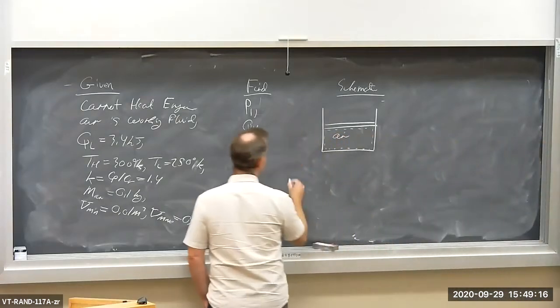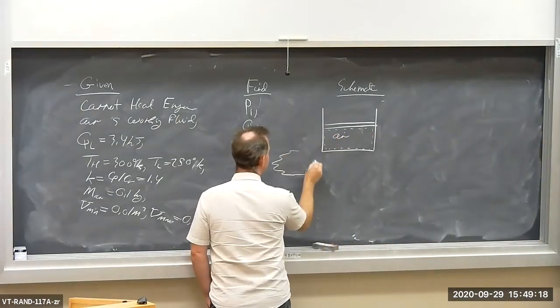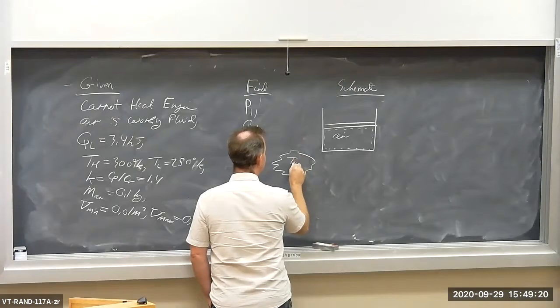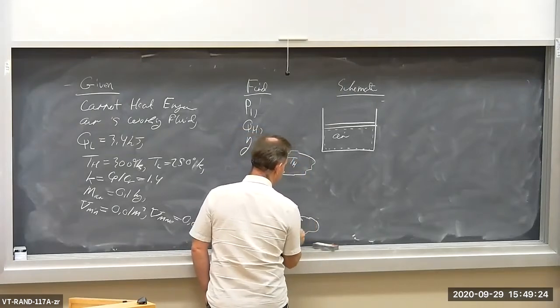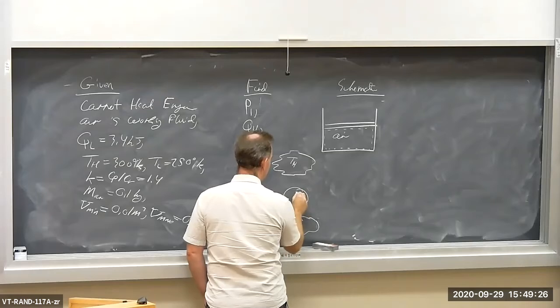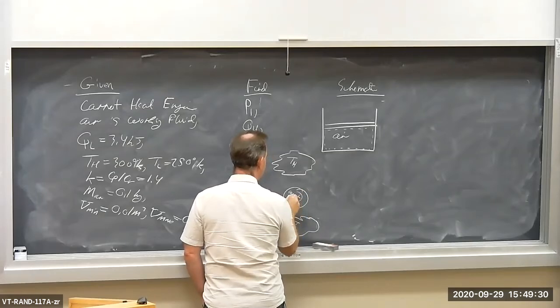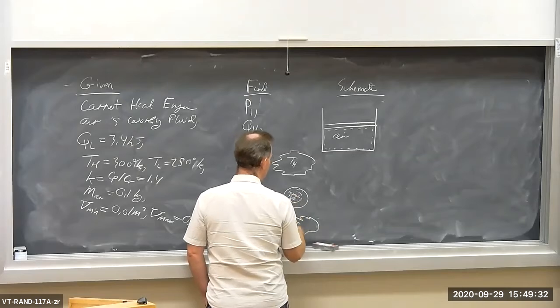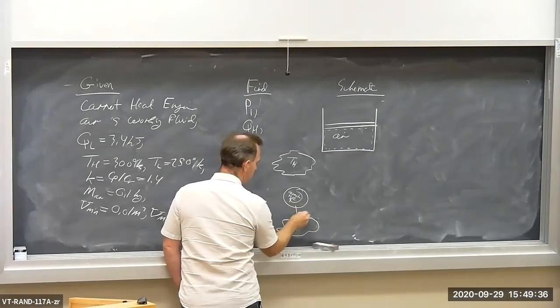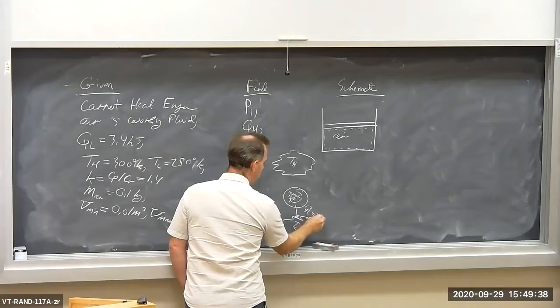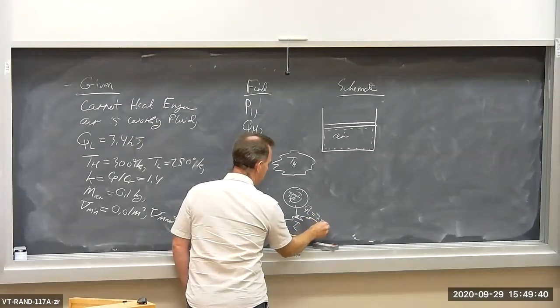So let's put up a little picture here. Here's our high temperature reservoir. Here's our low temperature reservoir. Here's our Carnot heat engine. It is rejecting heat to the low temperature reservoir, QL, and that's equal to 3.4 kilojoules.